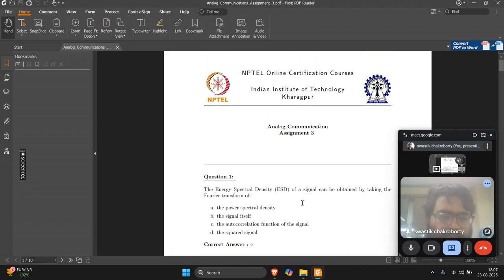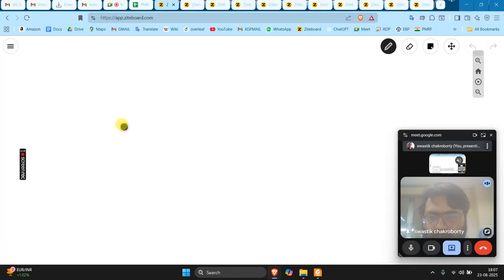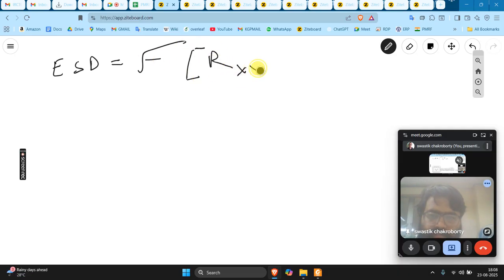This relationship is a standard relationship, called the Wiener-Khinchin theorem. According to the Wiener-Khinchin theorem, the energy spectral density of a signal is basically the Fourier transform of the autocorrelation of the signal.